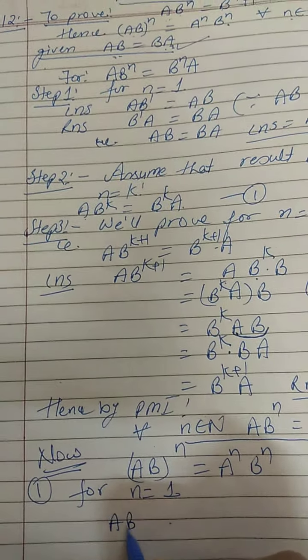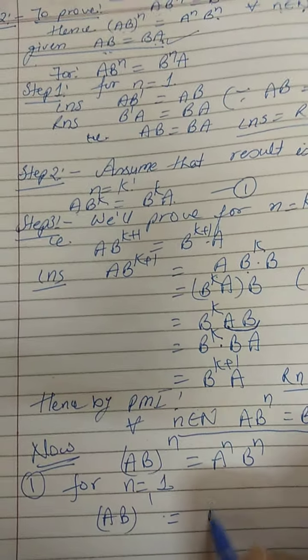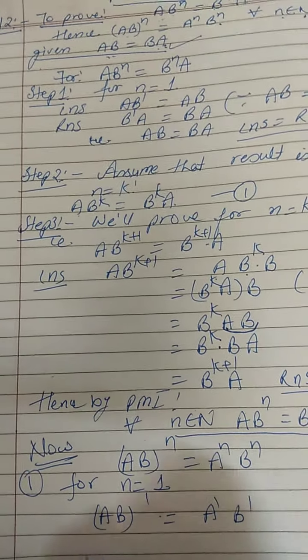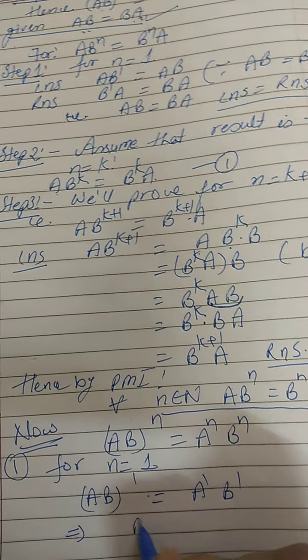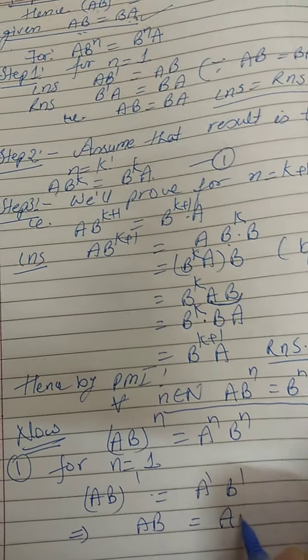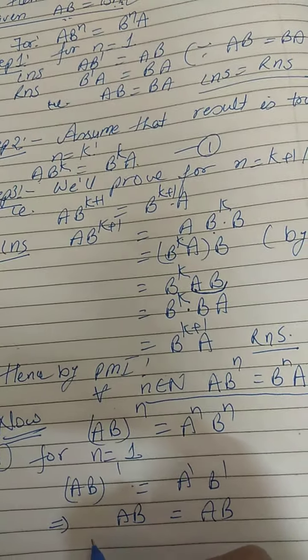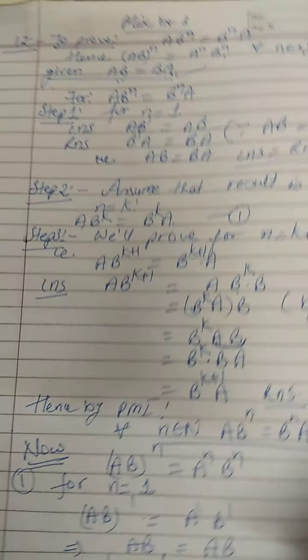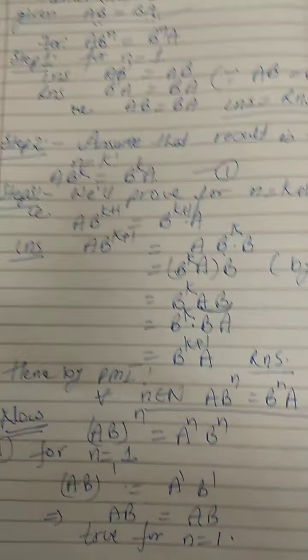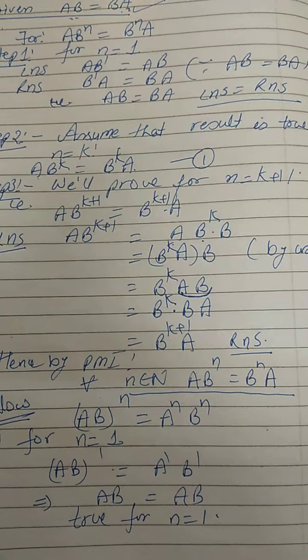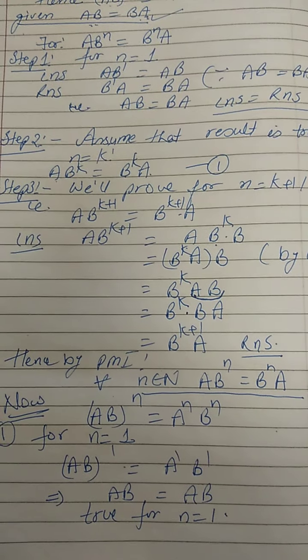It will become (AB)^1 equals A^1 B^1, which further implies AB is equal to AB only. So the result is true for n equals 1, right? So when we prove it for n equals 1, it is coming true.